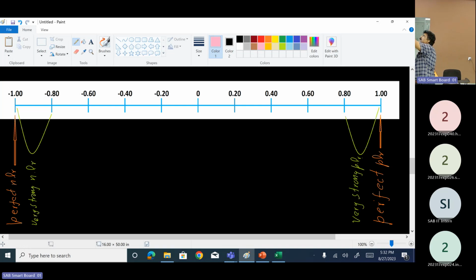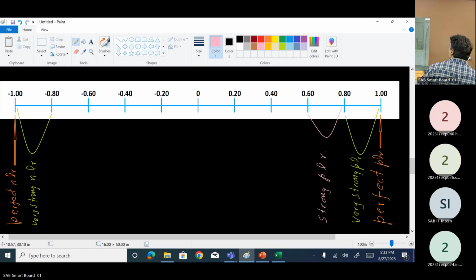The next level. 0.8 given for this category. The next level, 0.6 to 0.79. So that was very strong. Little by little the strength reduces. So this is just strong. Strong positive linear relationship, 0.6 to 0.79.